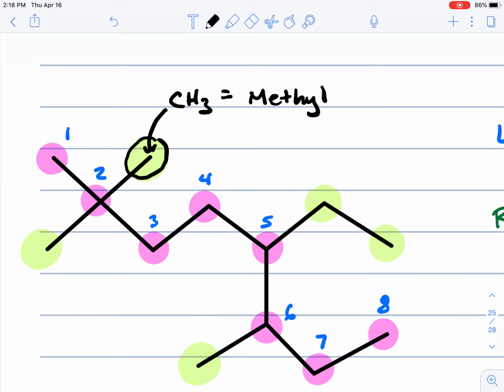Notice that this methyl is attached to carbon number 2. So we're going to complete this picture by saying 2-methyl. The 2 represents that it's on carbon number 2.